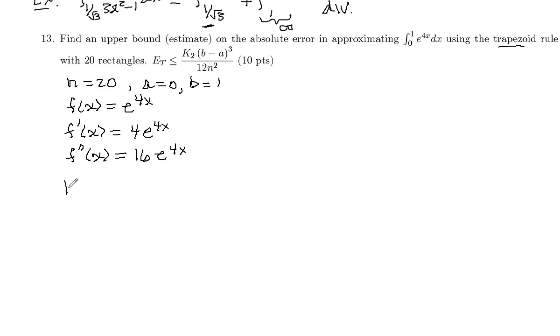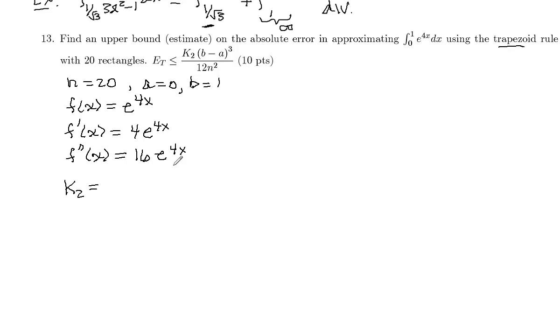And then the number k2, that number is an overestimate of the absolute value of the second derivative.